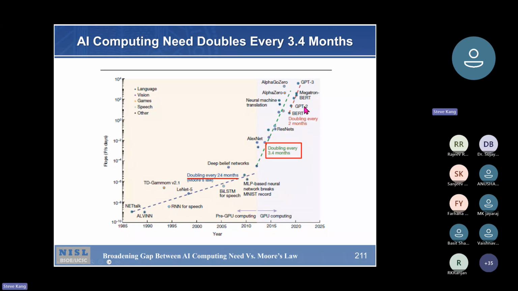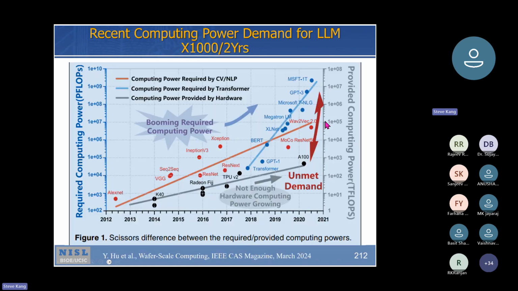You see that? It's rapid progress. This is a challenge. How do you catch up with this rapid progress and the demand for hardware support? That's a huge challenge in that regard. So this is a further illustration, right? The gap is widening.